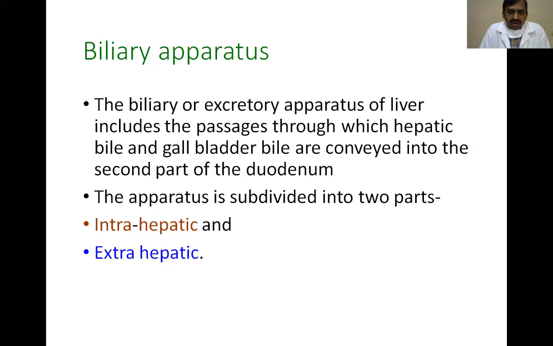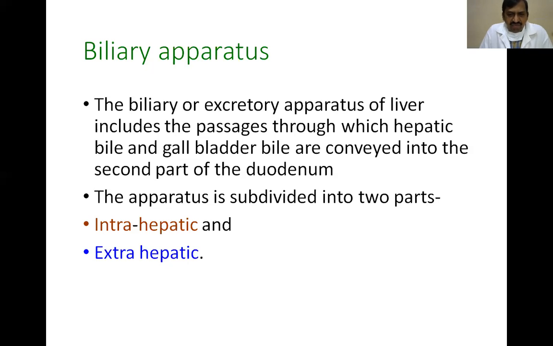That is just like our kidney. If you take the kidney, there is a glomerulus, nephron, and PCT, DCT, and on the outside there is a major calyx, minor calyx, and finally together they form the ureter. Like that, here also there is an excretory apparatus in the liver.